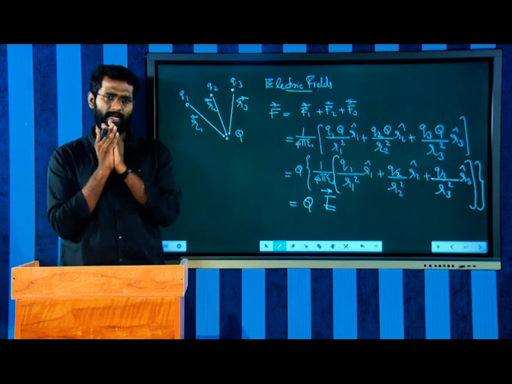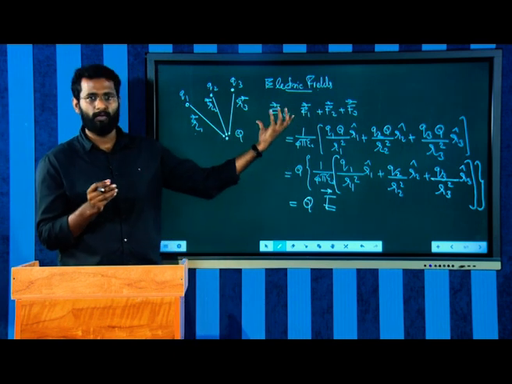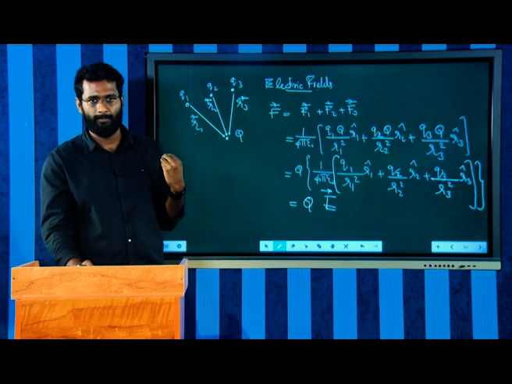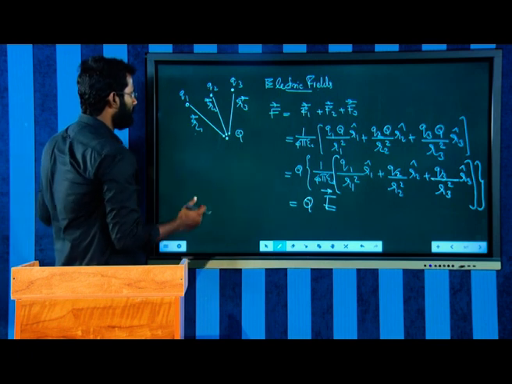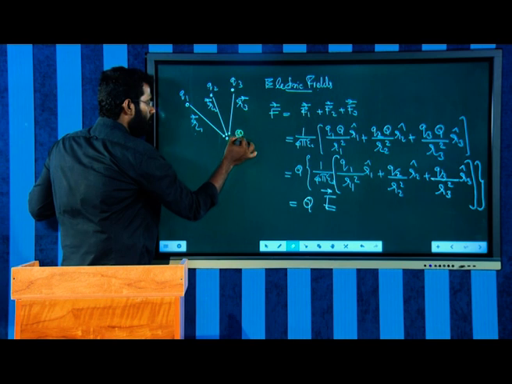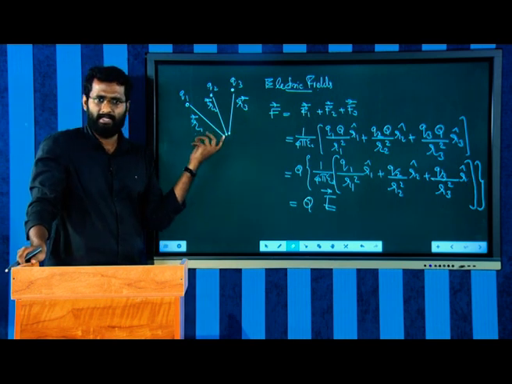What we have done here is we know the expression for force and we removed the test charge from there. Without a test charge, what is there? That is my question. If I remove this test charge, then what would have been there? Is there anything there?